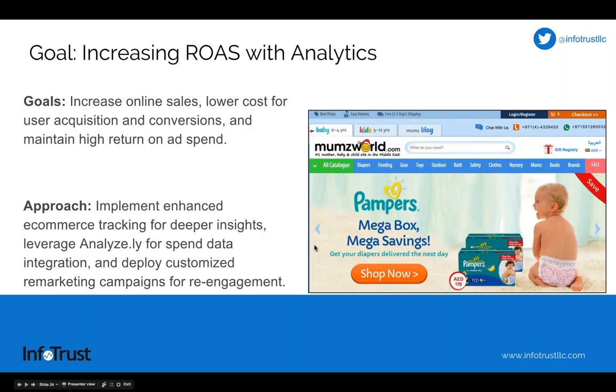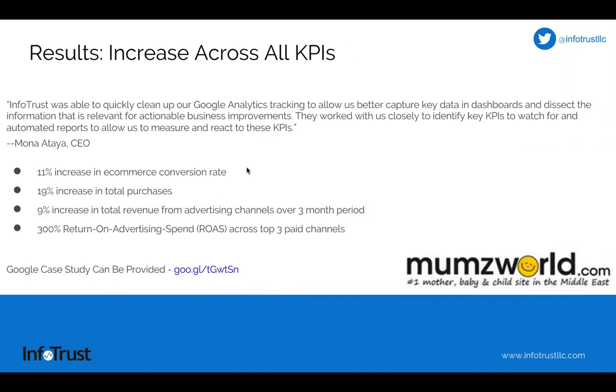So what we did, we implemented all the configuration based off of the business questions, set up our tool Analyzely to automate the integration between their advertising channels, build retargeting campaigns, analyze according to what was driving the highest ROAS, and the results here show at a very high level increase across all KPIs, key performance indicators, that was important to them.